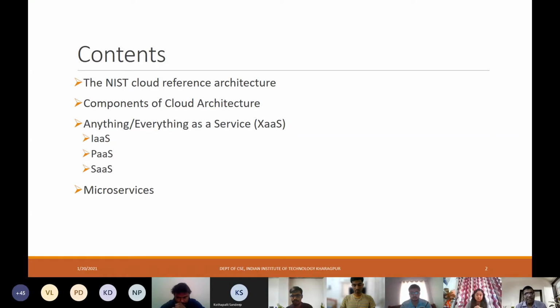This NIST architecture is used quite widely in many cloud technological developments. So we will speak about this particular reference architecture for cloud computing.